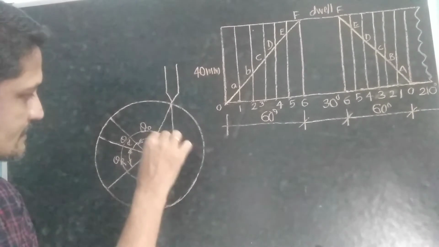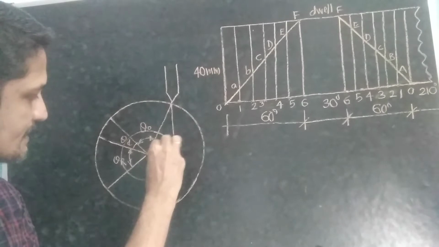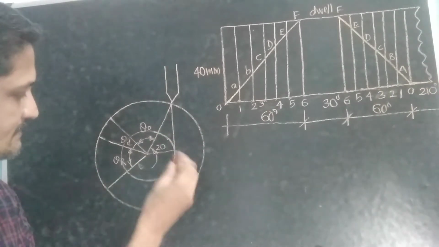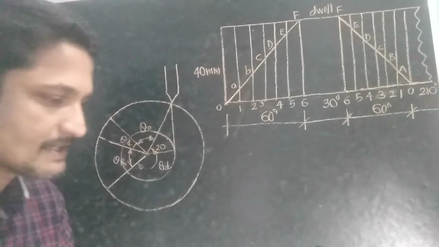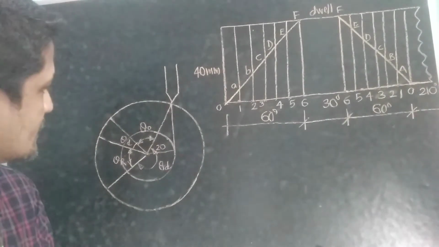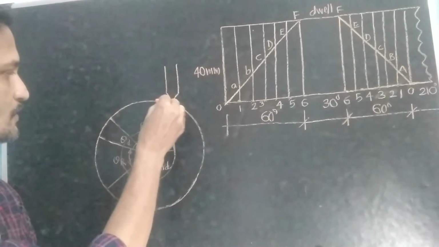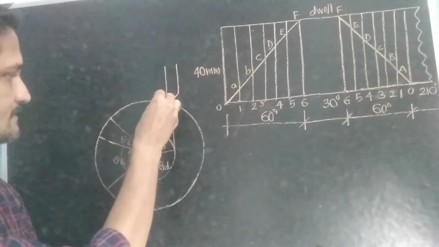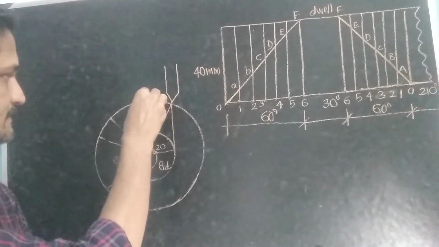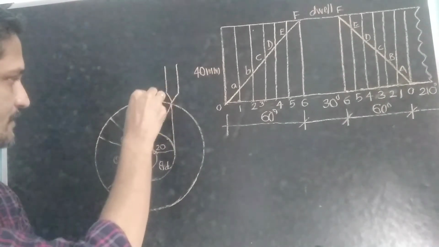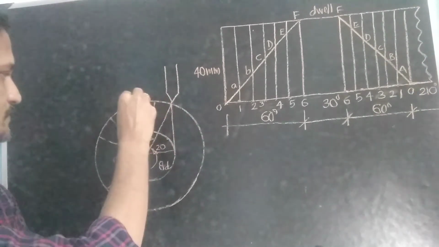Then the remaining 210 degrees is the dwell period. This angle is equal to theta dwell. Then divide this outstroke into 6 equal parts, as we discussed in the previous video.